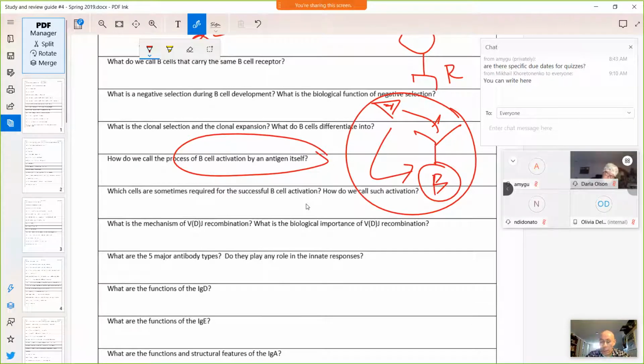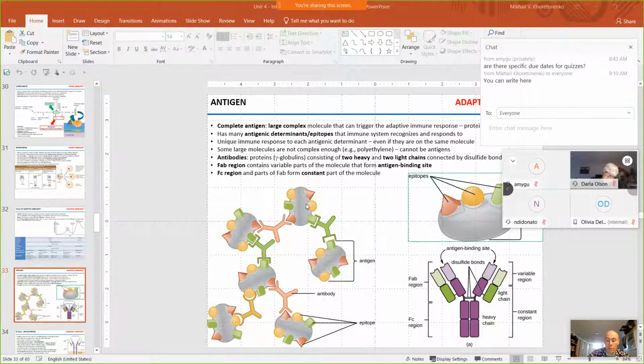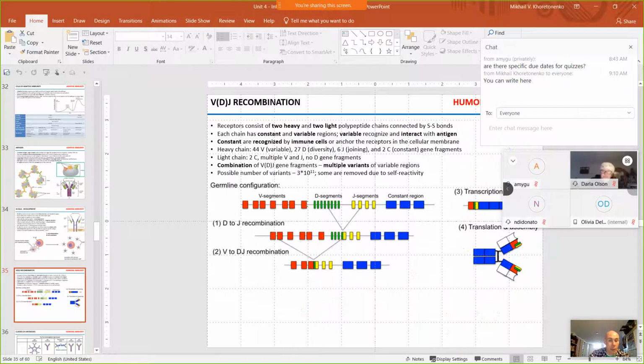So, like on this image right here, so you pick one V segment, one D segment, one J segment, and one segment for constant region, and then you combine them.